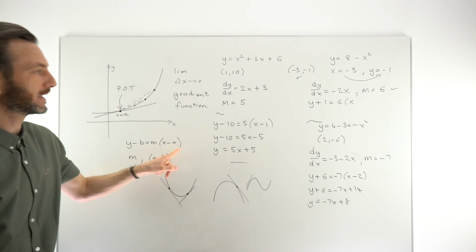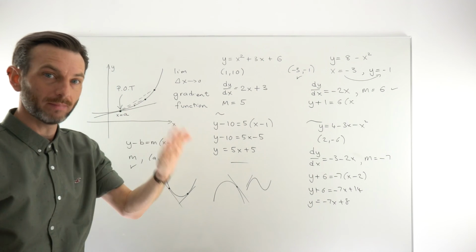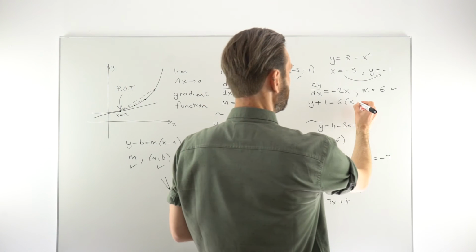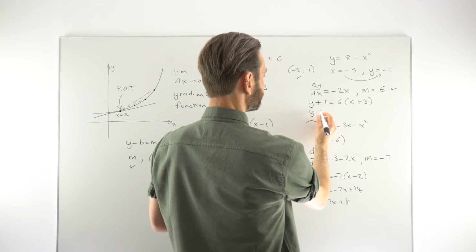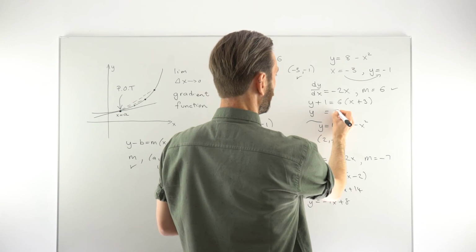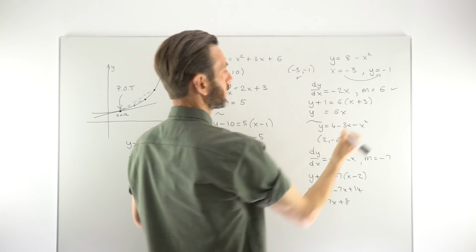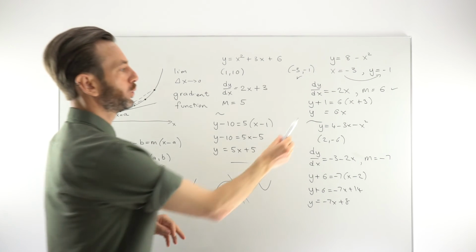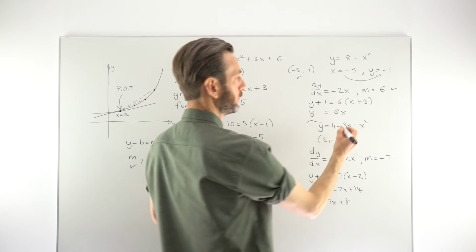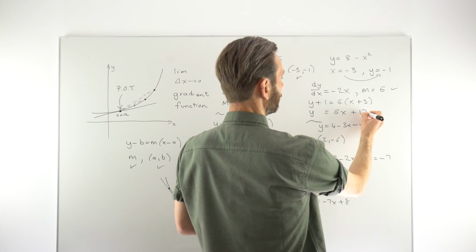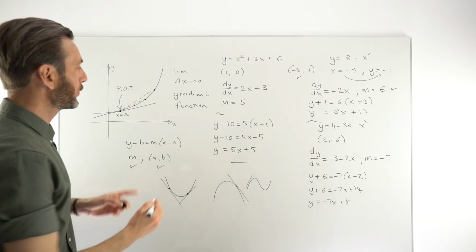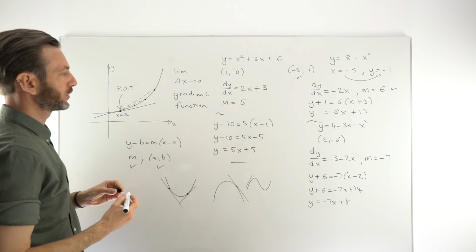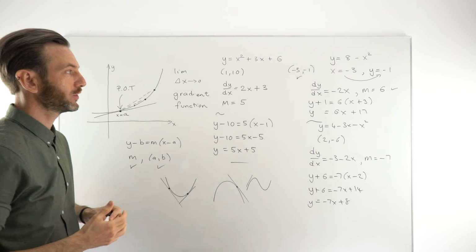So the formula is minus a, but a is already minus, so it's minus minus, double negative again. So +3, multiplying out the brackets, we would get y equals 6x plus 18. But if I move the 1 over, that's going to be a -1, so it'll be 18 minus 1, so plus 17.